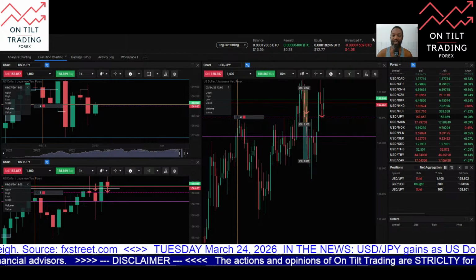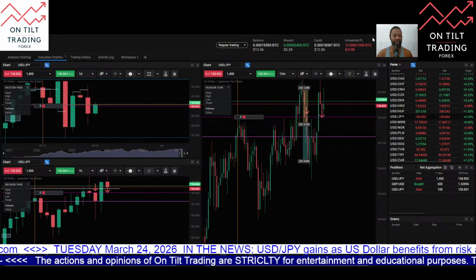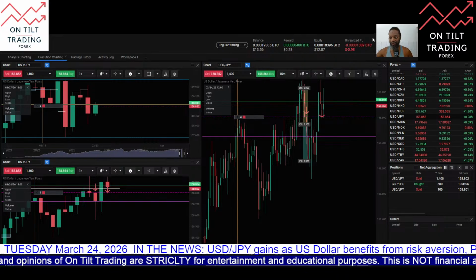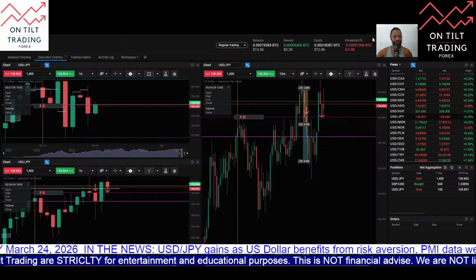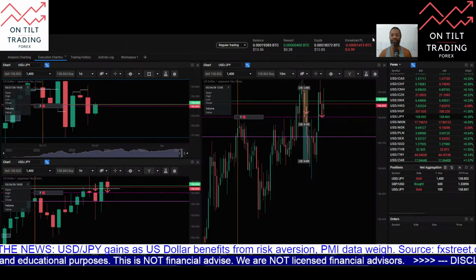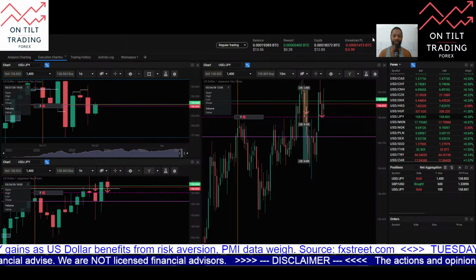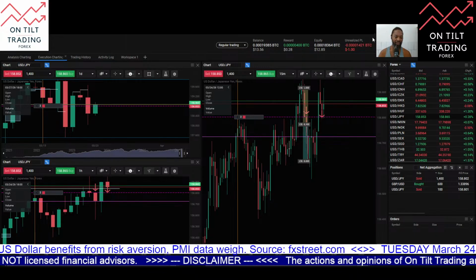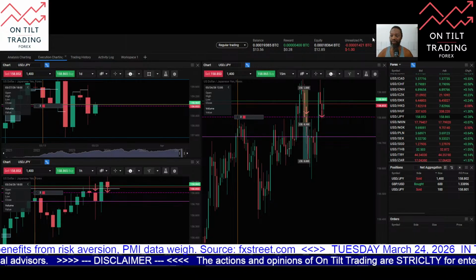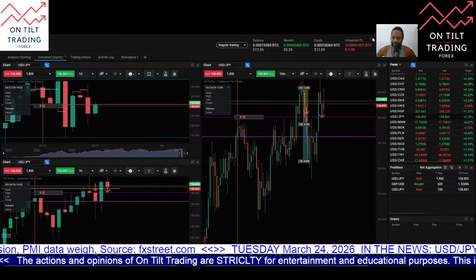I can say that particular ICT mentorship is very informative for continuation trades, but trying to find out where exactly you want to place your entry, or how you want to manage things, it's easy to get lost in the technicals.